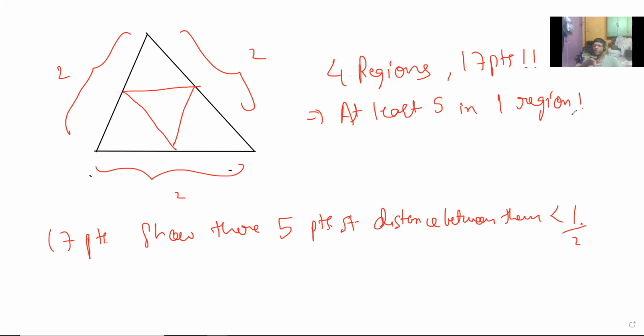You can reason it by contradiction. If 4 go to each, then you don't have enough points, you only cover 16 points. Is it okay?